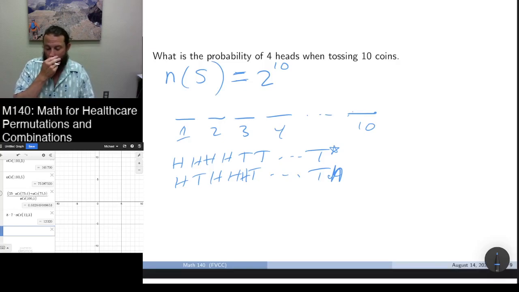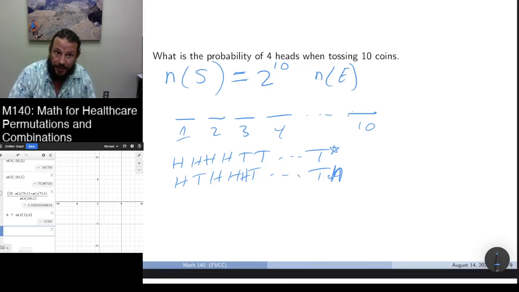Now, so it turns out, what do we have? What's the size of our event here? E. Remember, E is getting 4 heads when tossing 10 coins. You should write it down. I can't really take the time to write down each time in a video. You should be writing down what the set is. This is really important for keeping it straight in your head.